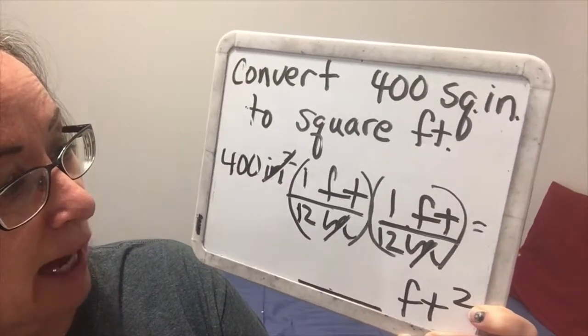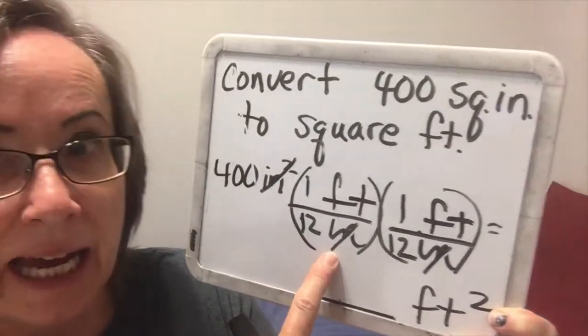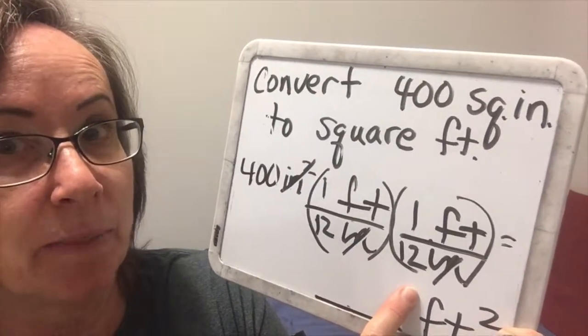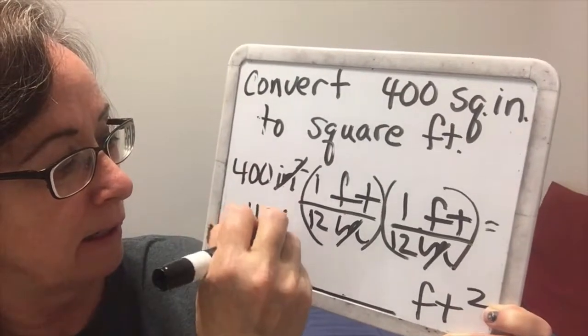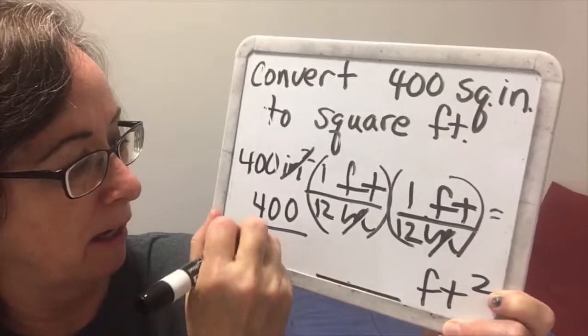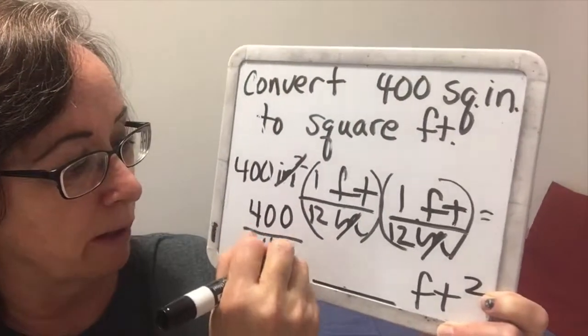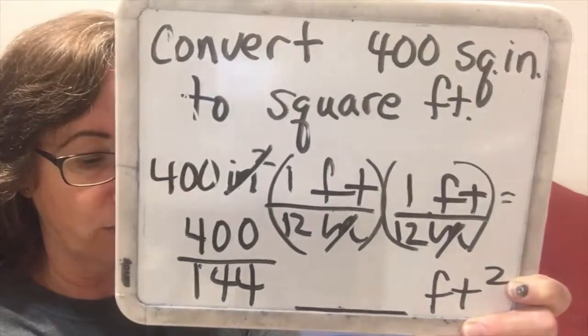Then we've got 400 times 1 times 1 is 400, divided by 12, and then divided by 12 again. So don't we have 400 divided by 12 times 12, which is 144?